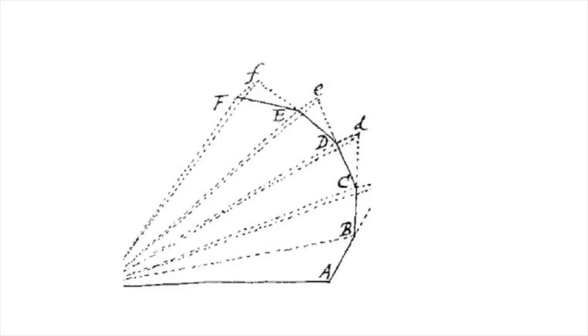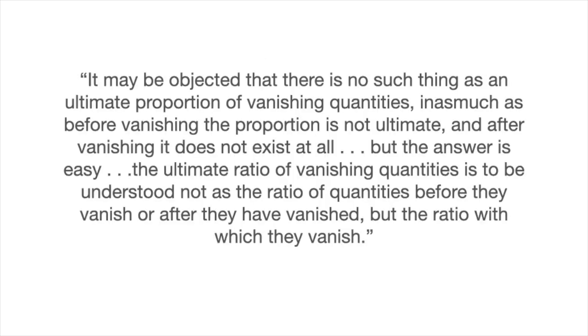As James Gleick wrote in his biography of Newton, he drew lines and triangles that looked finite but were meant to be on the point of vanishing. Then he quotes Newton directly. Newton wrote, "It may be objected that there is no such thing as an ultimate proportion of vanishing quantities, inasmuch as before vanishing the proportion is not ultimate, and after vanishing it does not exist at all.